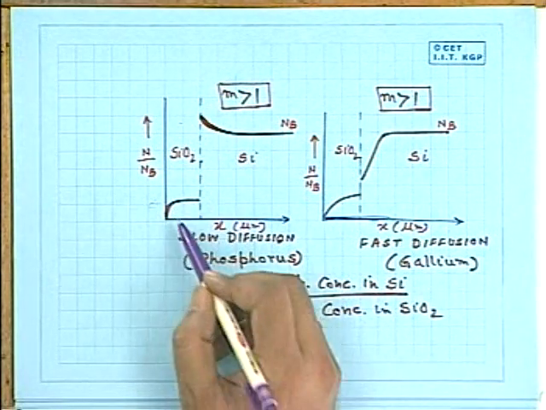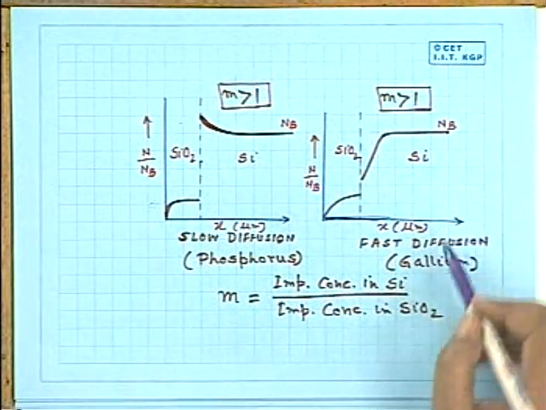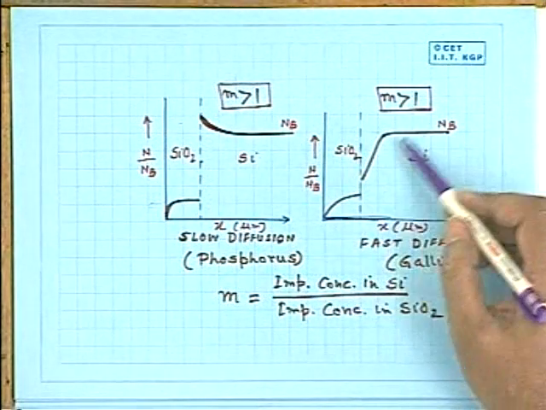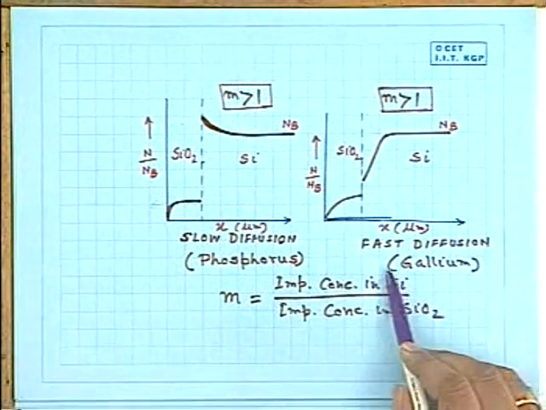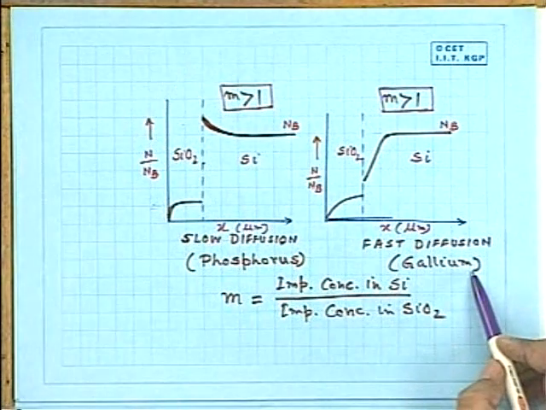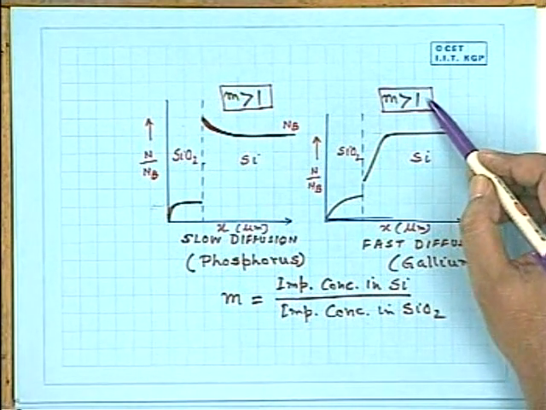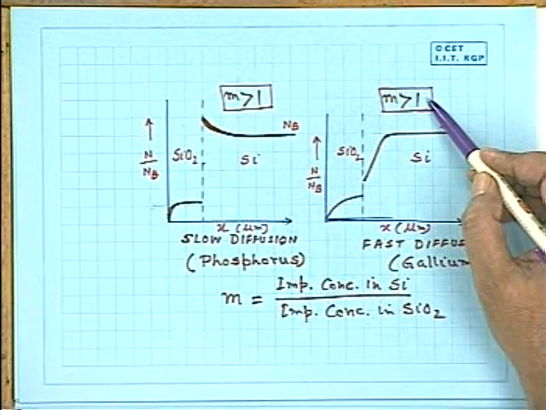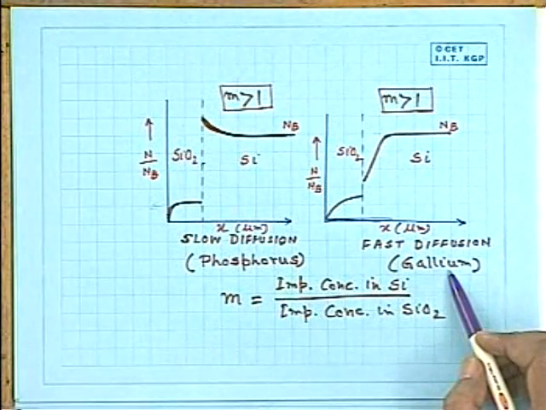Okay. Similarly, in the other curve we find a different shape of profile. Here is fast diffusion, and the example is gallium, whose m is greater than 1, segregation coefficient is greater than 1, and at the same time it is a fast diffusion.